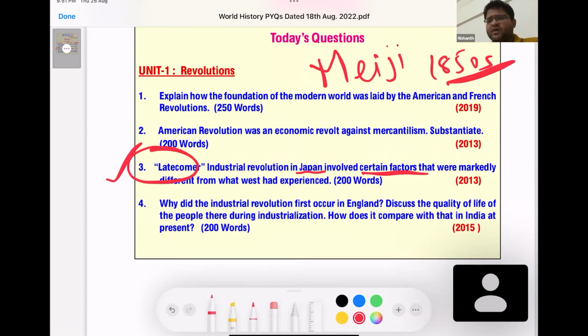And it gave rise to a large urban class. Japan became significantly urbanized after the industrial revolution. But then the social orthodoxy of Japan was still there.